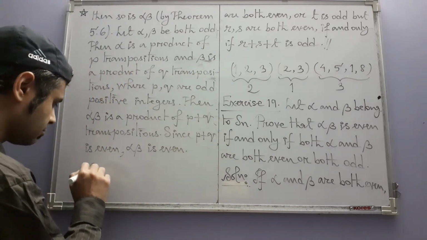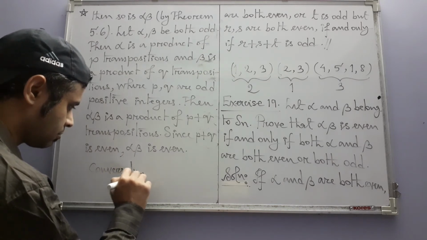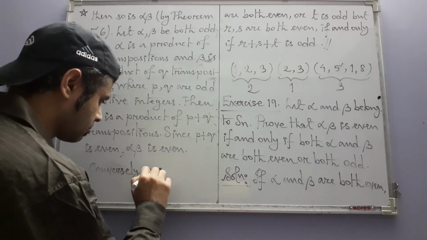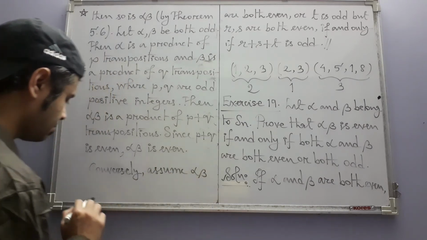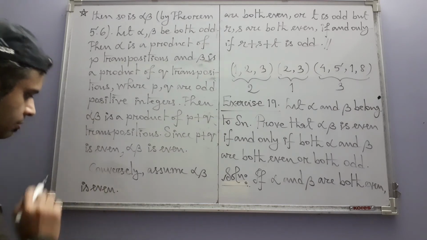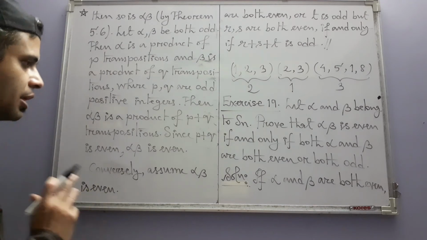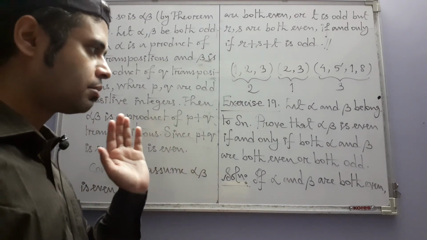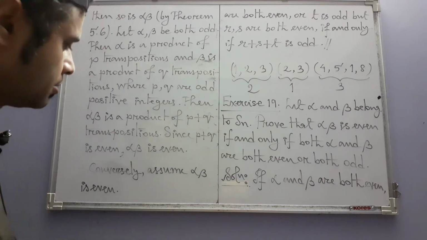Conversely, assume alpha beta is even. Now our aim is to prove that either both alpha and beta are even or both are odd permutations.